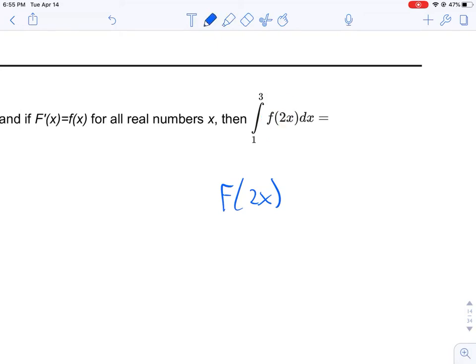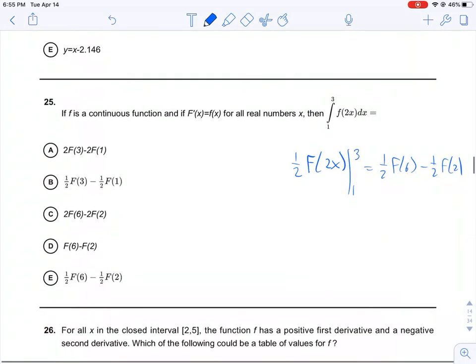So when doing an antiderivative, you divide by 2 instead, and you get 1/2 F of x evaluated from 1 to 3, which is 1/2 F of 6, minus 1/2 F of 2. 1/2 F of 6 minus 1/2 F of 2, which the answer is E.